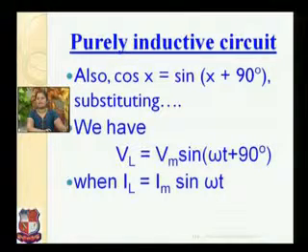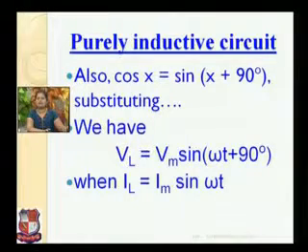where IL is equal to Im sin omega t. IL is the current passing through the inductor and VL is the voltage across the inductor. So if you see the equation for voltage and current, then we get the relationship between these two, that the current is always lagging behind the voltage by 90 degree, or you can say the voltage is leading by 90 degree.